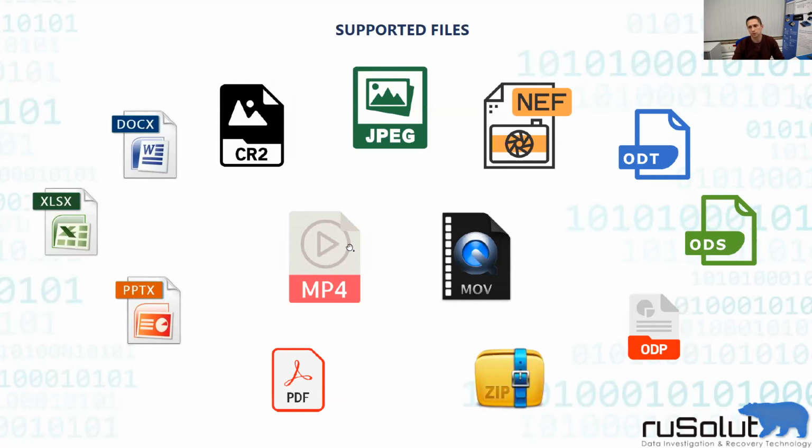That's the actual list of supported files. If you guys have some files you want to be able to recover and we don't have it here, you can write it in comments or drop us a message. We will try to add support for those files.